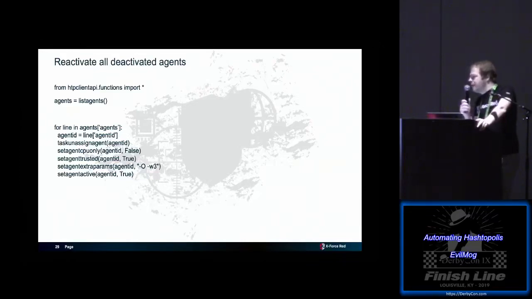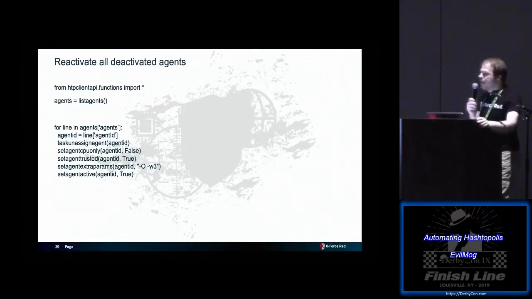You shouldn't really do this, but I like to because I optimize every one of my tasks, because most of my jobs are short. And then it resets the agent to active again. So all of a sudden your jammed up cracking job, assuming your task isn't broken and you fix the original problem, all your agents spin right back up and you're good to go. Doing this through the GUI, if you have, say, 80 plus agents, takes forever. Do it with this, it's done in a minute or two and you're back to operations.